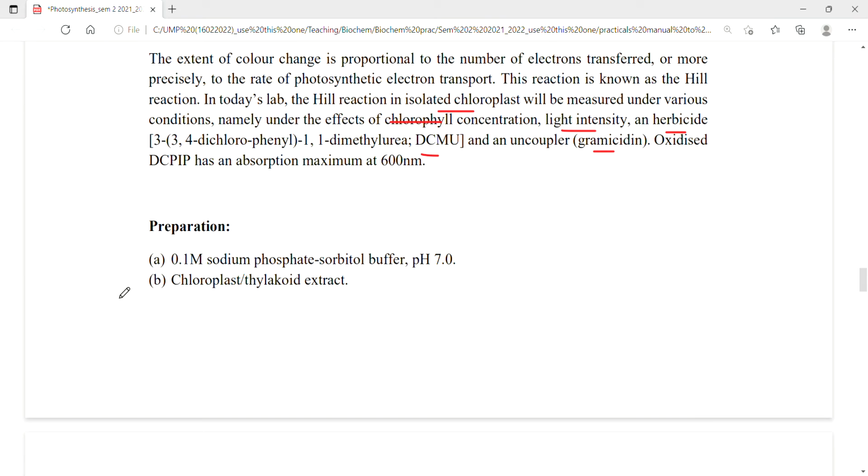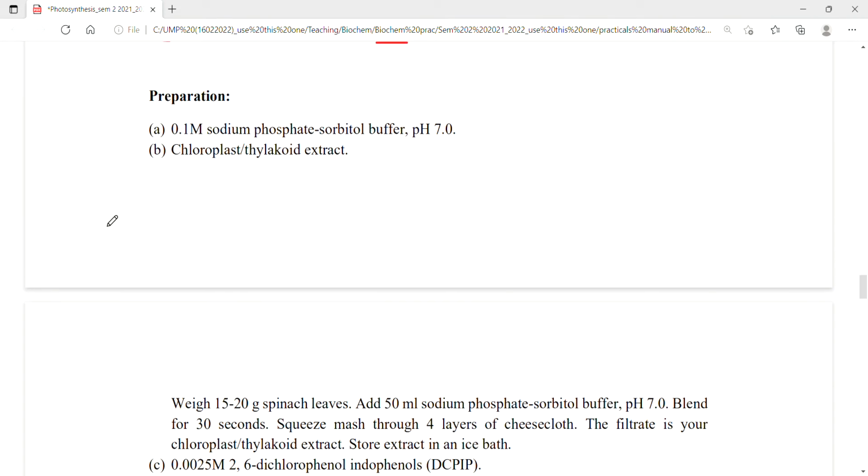Another thing they describe here: oxidized DCPIP absorbs maximally at 600, so you have to adjust the spectrophotometer to 600 nm. There is also a pre-practical session, but I just have to explain here.